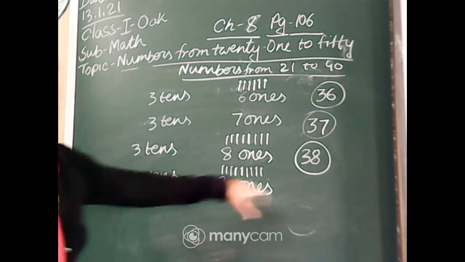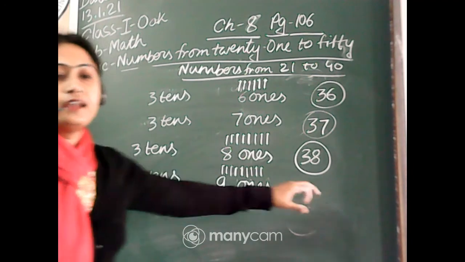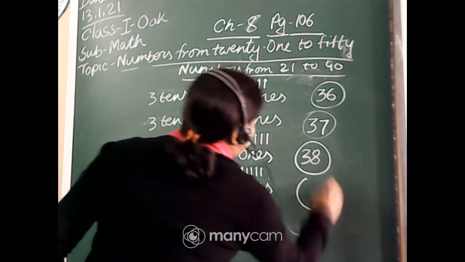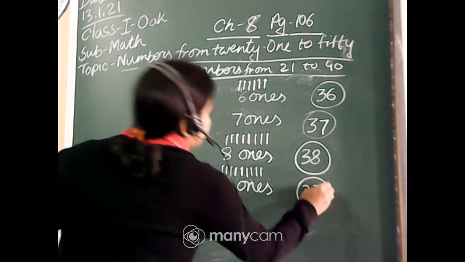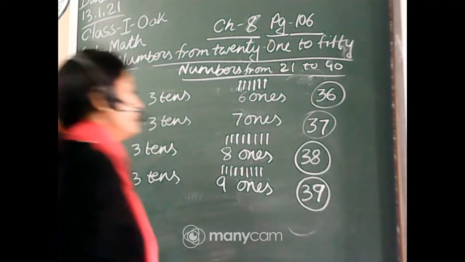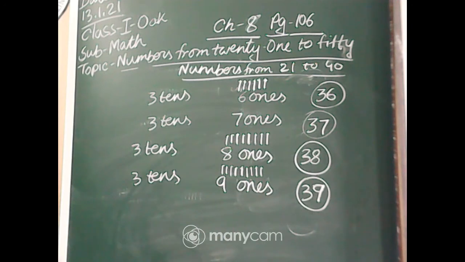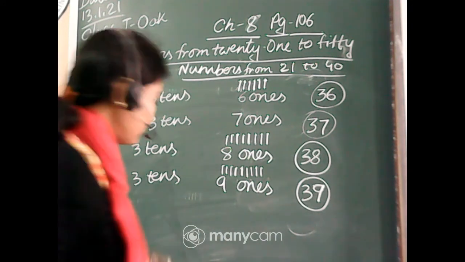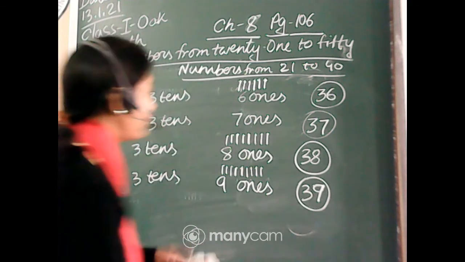What is the number? The number is 39. And the next one is after 9 ones, then 10 ones.